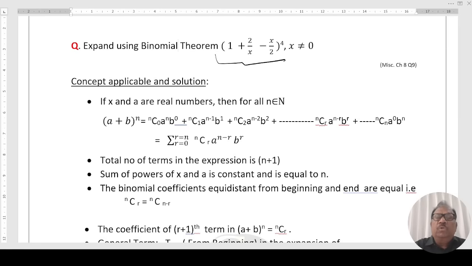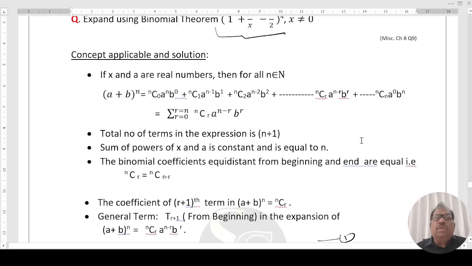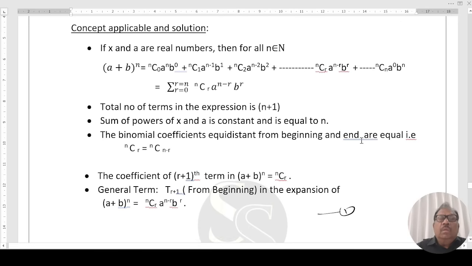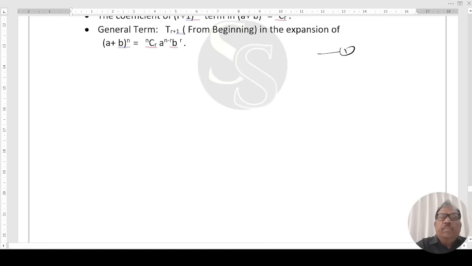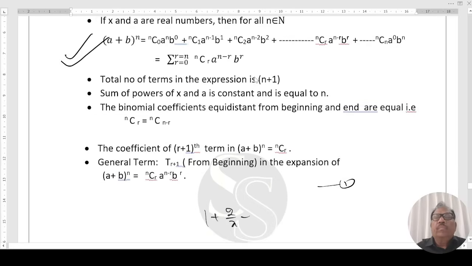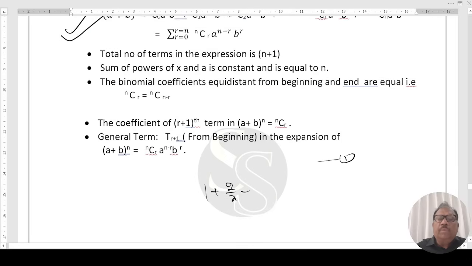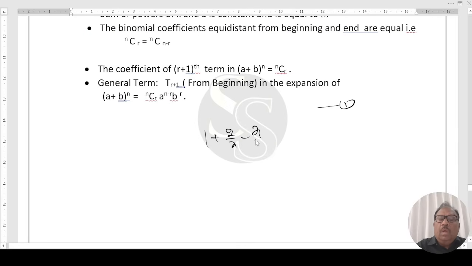Regroup means two terms are to be considered as a single one, and another one. Question is (1 + 2/x - x/2)^4, x is not equal to 0. So we have to consider it binomial.